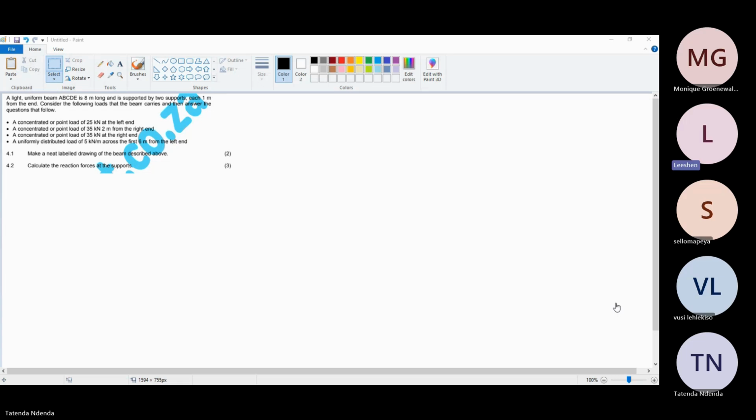Uniformly distributed load. He says 8 meters in total.